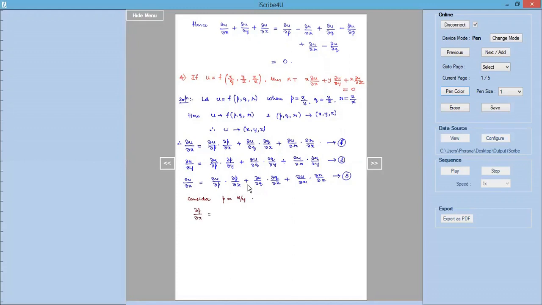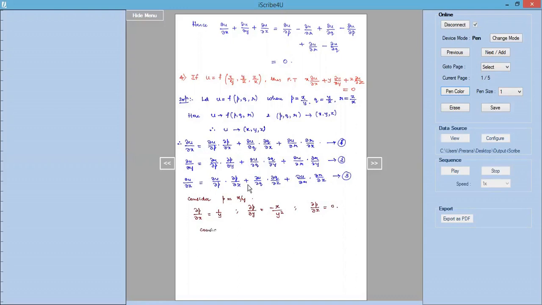With respect to x, y and z are constants. So 1/y is as it is. Differentiation of x with respect to x is 1. So ∂p/∂y, with respect to y, x is a constant, writing as it is. Differentiation of 1/y is −1/y². And ∂p/∂z gives us 0, because x and y both are constants, so partial differentiation with respect to z goes to 0.